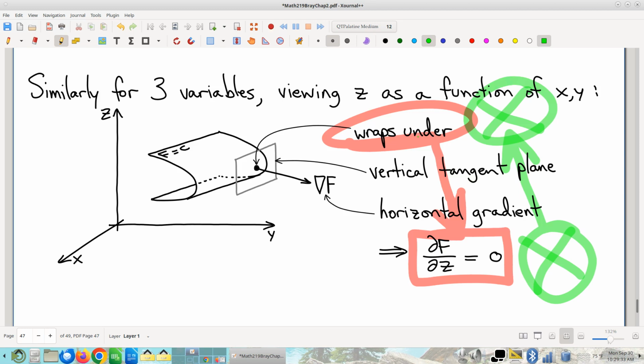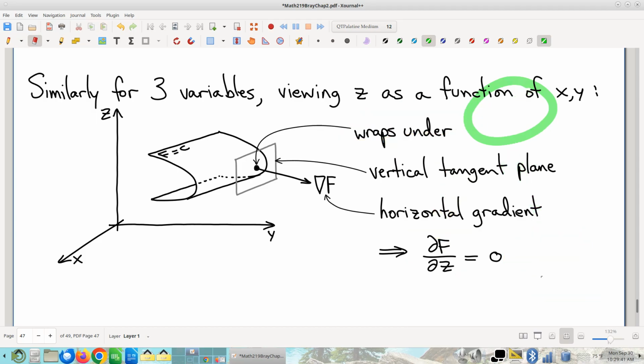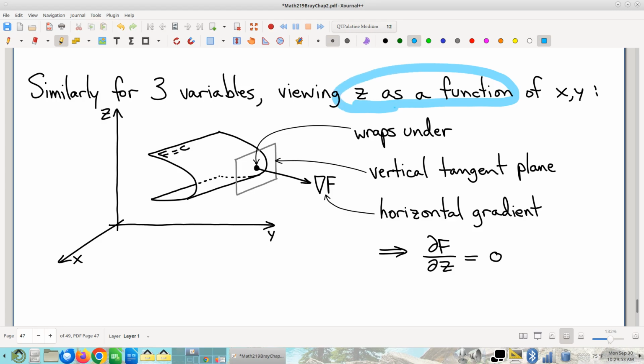If the z partial is not 0, no problem. All right, so shockingly similar motivation. This is not a proof. There are all sorts of rigor crimes that I'm committing here, appropriate to the course. But again, notice the pattern: the variable that you want to view as being a function, that's the variable you take the partial with respect to.